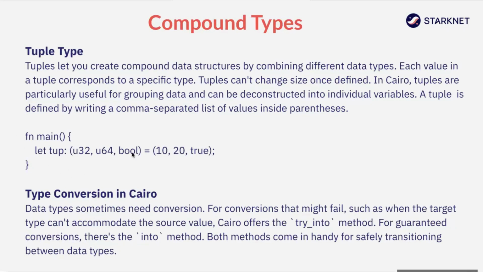There's also type conversion in Cairo. Sometimes when you're working with your data, you want to make conversions, right? For conversions that might fail, such as when the target type can't accommodate the source type, we have the into method and the try_into method.